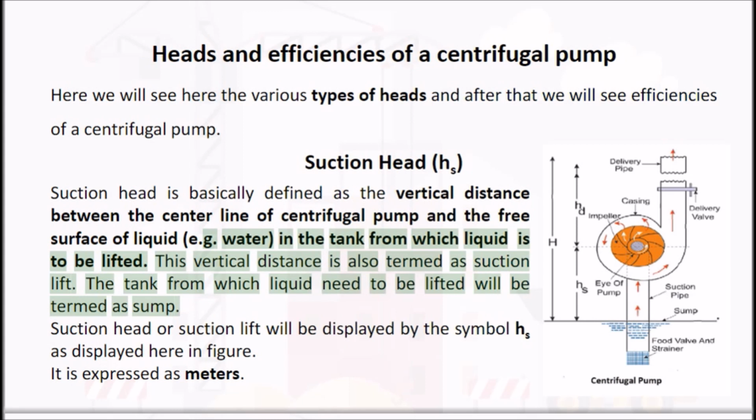The tank from which liquid needs to be lifted will be termed as sump. Suction head or suction lift will be displayed by the symbol Hs, as displayed here in figure. It is expressed in meters.